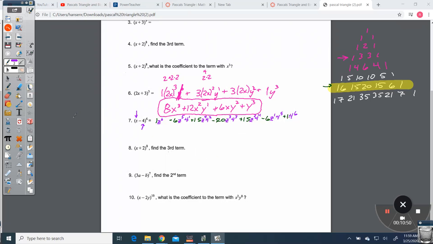Okay, so now we just work that out and write our answers in. So z to the 6th times 1 is just z to the 6th. 4 times 6 is 24, so minus 24 z to the 5th. 4 squared is 16 times 15.